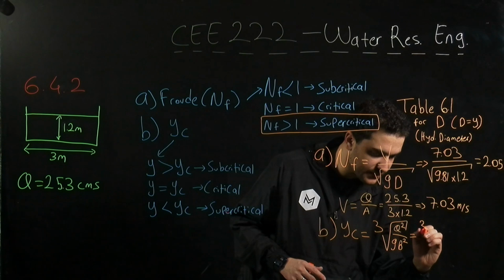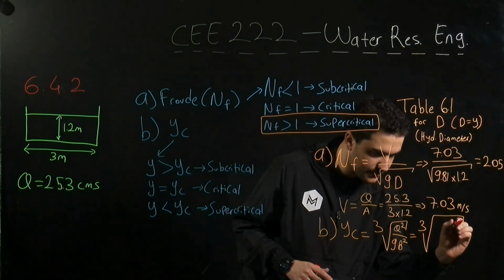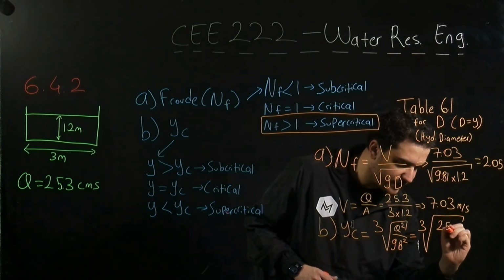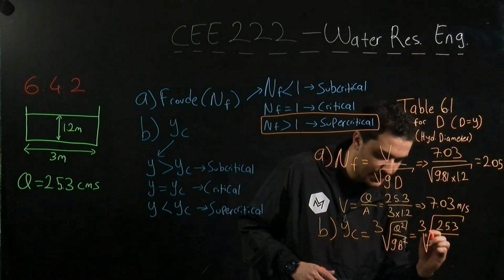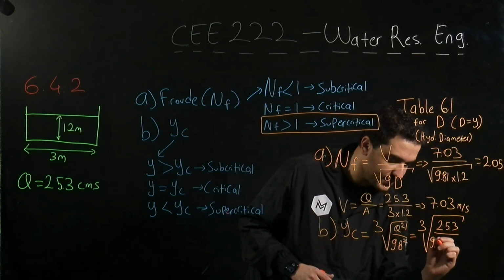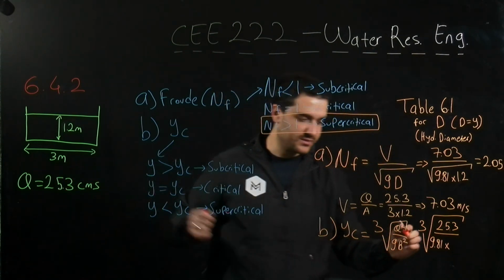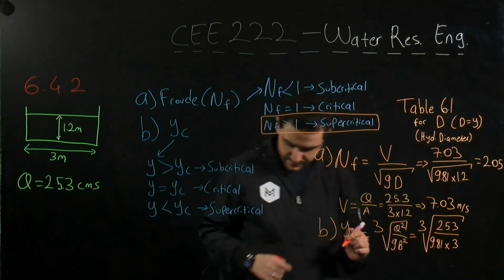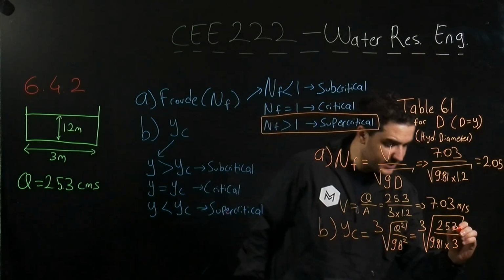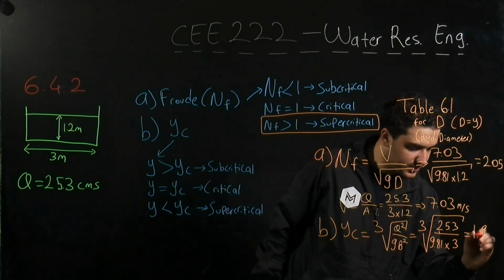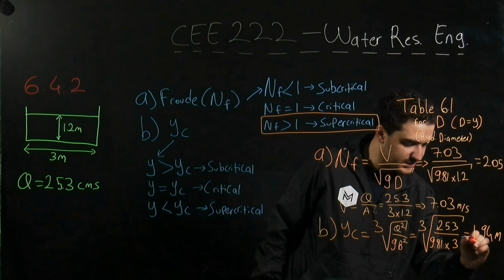So if we do the calculations, we have 25.3, we have 9.81, and we have width, which is 3 meters. From there we will get 1.94 meters.